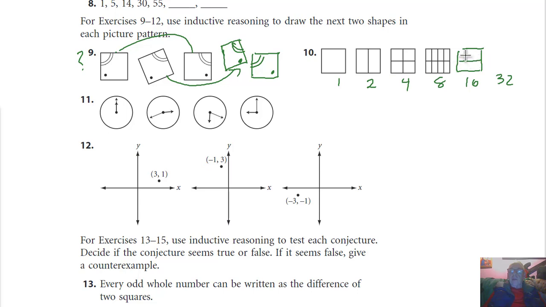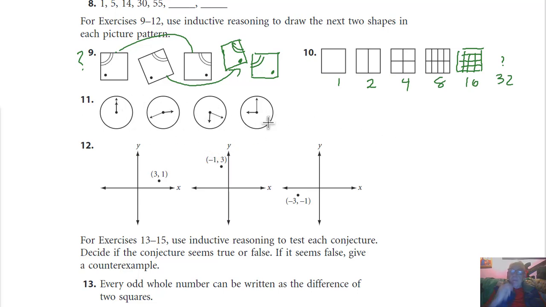And so to do the 16 parts, we would kind of do this. And to do the 32 parts, we would do the same thing with the 16s. We would add more lines in to make it 32. So that one, I'm not so sure about drawing, but pattern-wise, we can kind of see what's going on with the numbers.